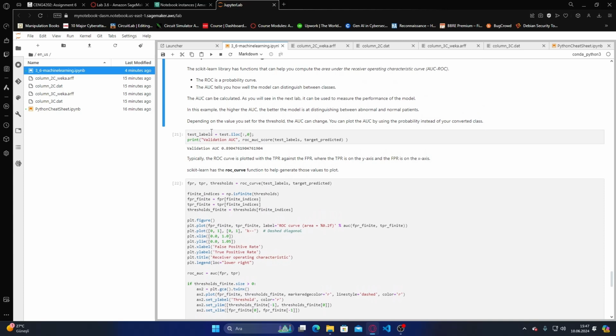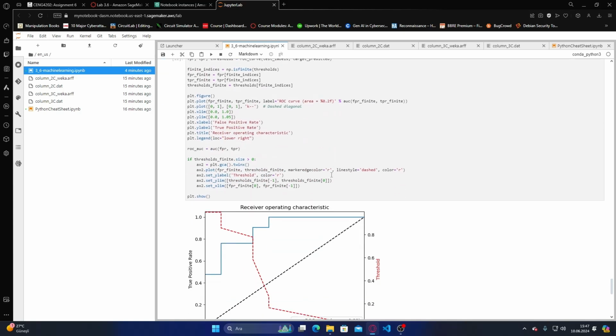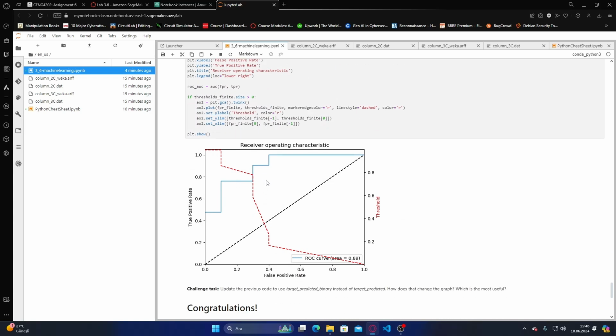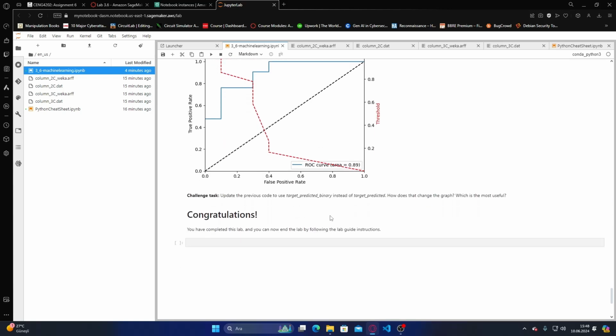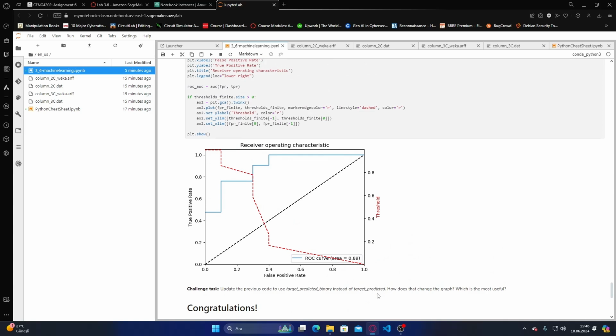Here there are some test labels given for the AUC, and the ROC is plotted with the TPR against the FPR, where the TPR is on the Y axis and FPR is on the X axis. Scikit-learn has the roc_curve function to help generate those values to plot. And there are our ROC curves. Thanks for listening. Have a good day.